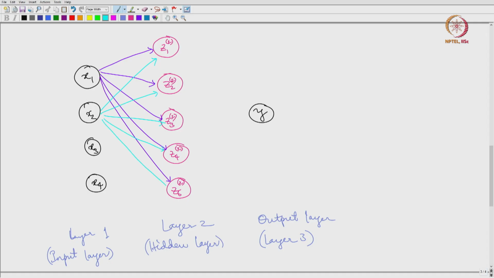So there are so many connections, and this is what is able to model all the complex relationships that are there.